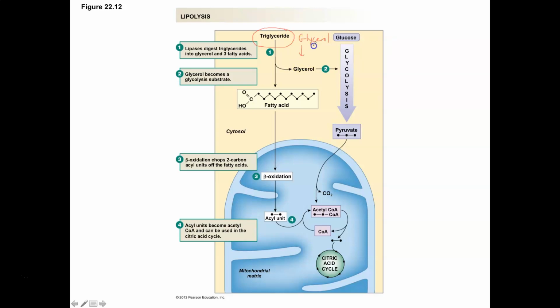So you have to imagine there are fatty acid chains coming off of the glycerol. So 3 fatty acids off of the glycerol, that's a triglyceride molecule. We can use enzymes known as lipases. And lipases are going to separate the glycerol and the 3 fatty acids. And this process is known as lipolysis.